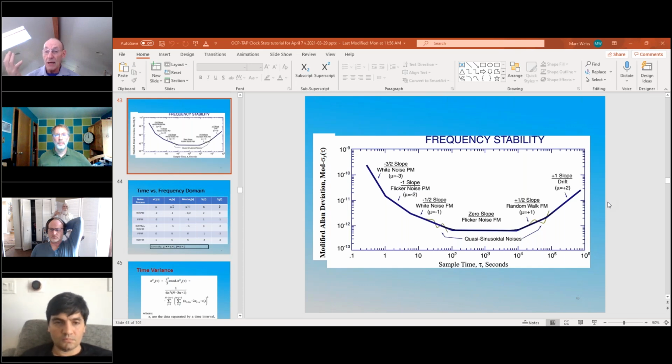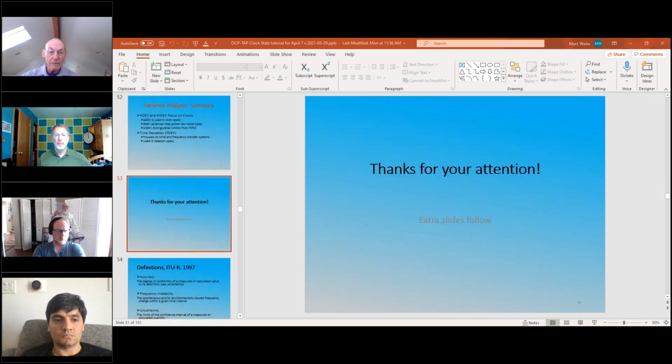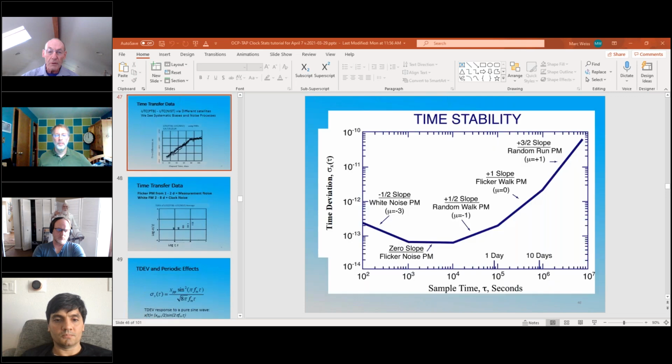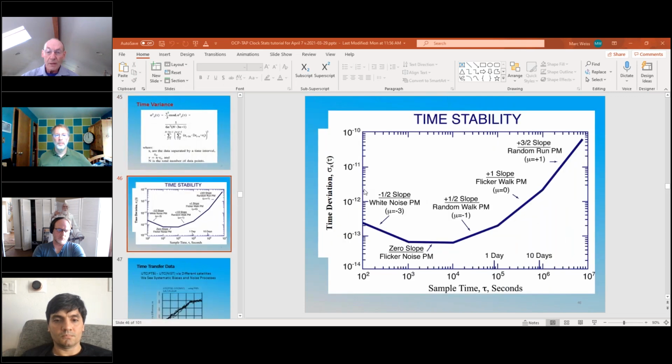PTP devices optimally do a packet selection before they even begin to lock to them. And so to characterize it, they've come up with other forms of TDEV. So here's TDEV on my graph here, and what they do is a sort of pre-filter of the data.